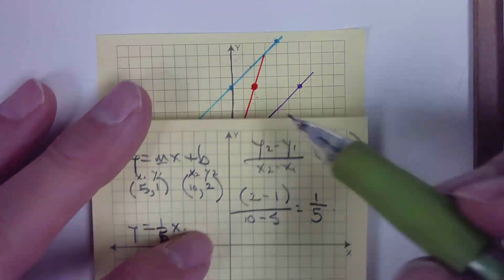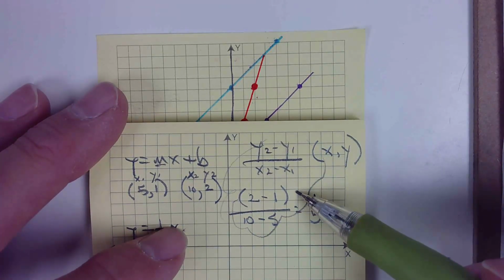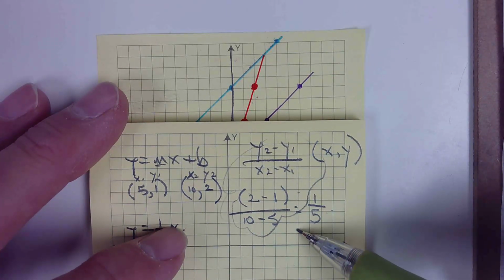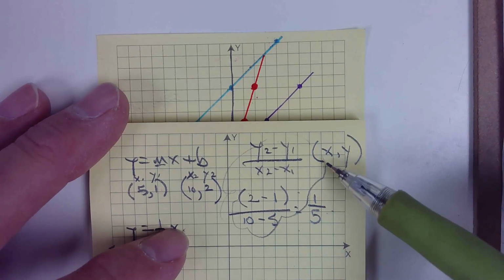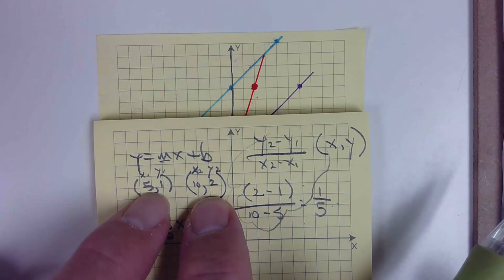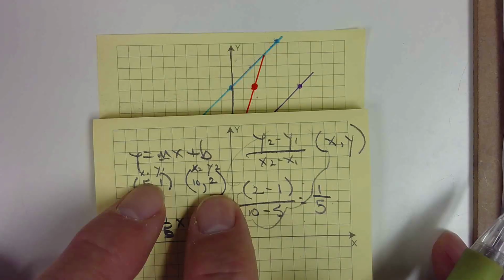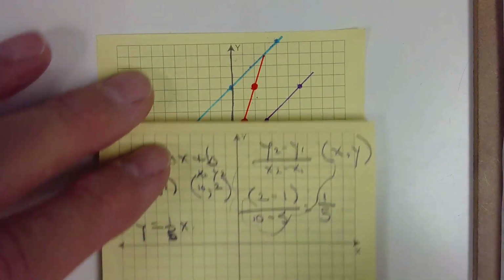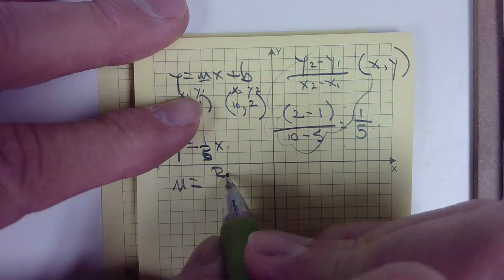Now, this is sort of the more complicated way to figure out the slope. And there's going to be times where you're just given 2 points and you're just given their coordinates. There's no graph. And this is how you would calculate the slope. But there's an easier way. And slope is also rise over what?